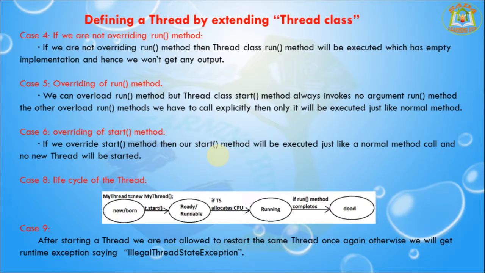Now I can explain one more case. Here is the life cycle of a thread. Once we create a thread object, the thread is said to be in the new or born state. See this picture. Once we call the start method, the thread enters the ready or runnable state.